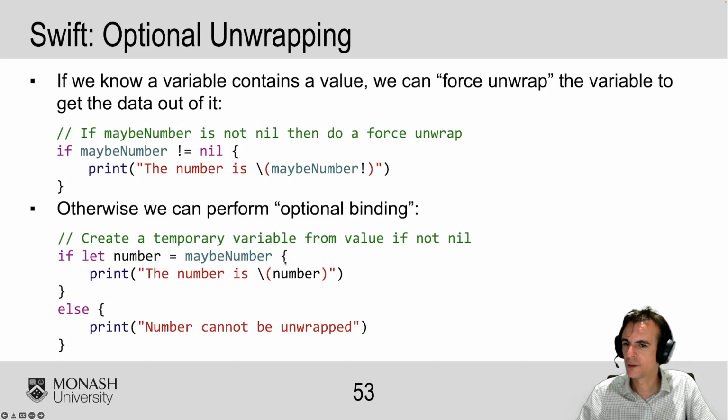And this if statement will succeed if the optional can be unwrapped, as in if it has a value. And then inside the true block of the if statement, we can just refer to that value, number. If it can't be unwrapped and something can't be assigned to number, then you get to the else block here and you can handle it in a different way.